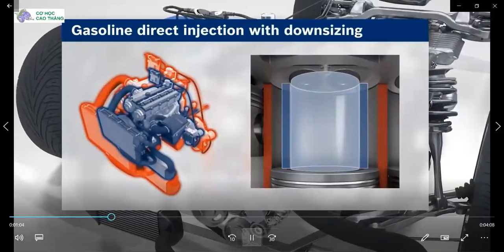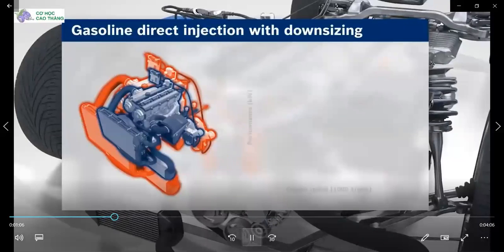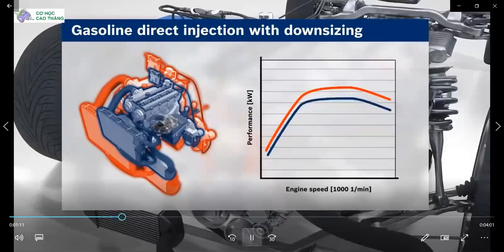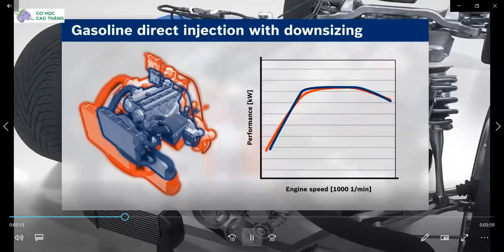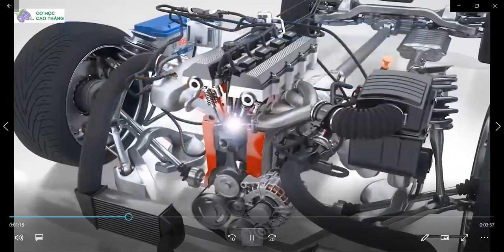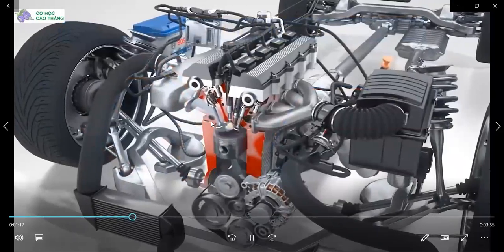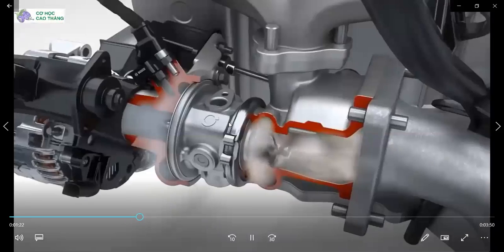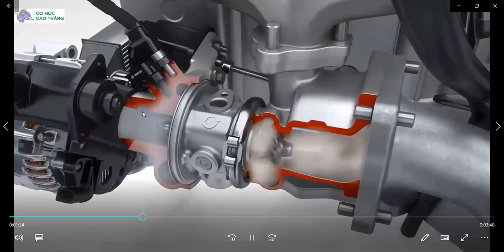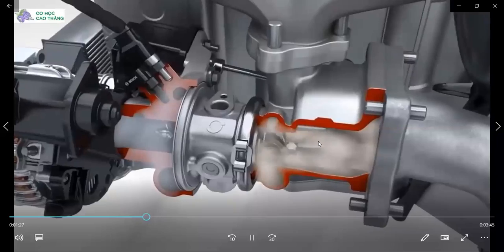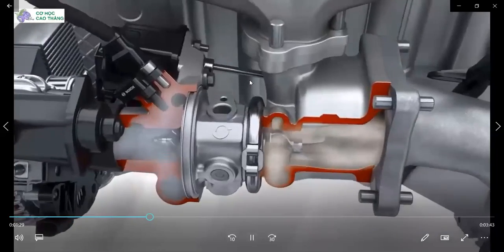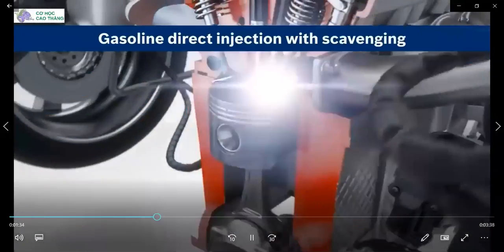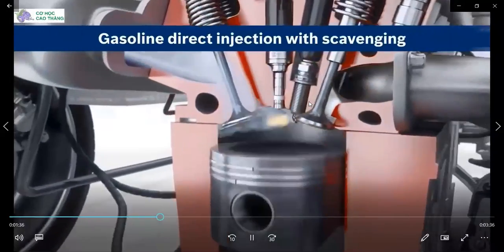These are the two different engines. The mixture, and this is the exhaust. The previous is the mixture, right?